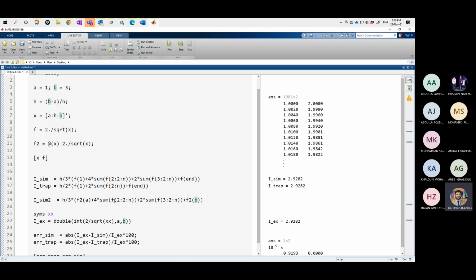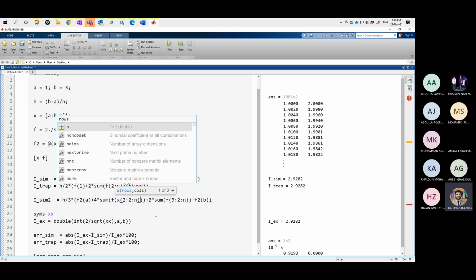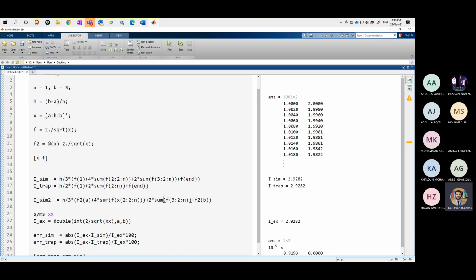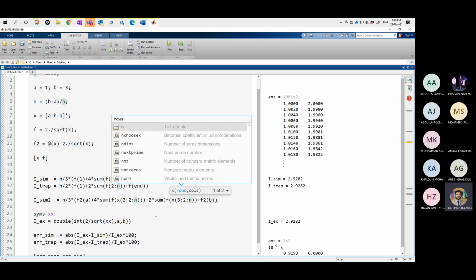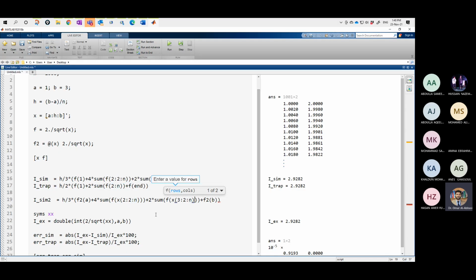What do we have to do in between? This is a function of x, but here I need only the even points of x. Similarly here, I need only the odd points. So x, the third, and the fifth, and the seventh, and so on.